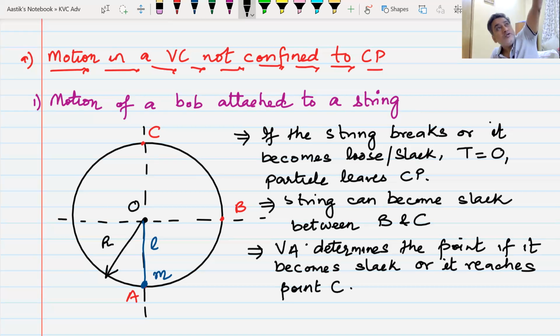So there is no option of getting to the highest point C. So what will be the condition? Listen to my question very carefully. What would be the condition for the body to reach the highest point C?